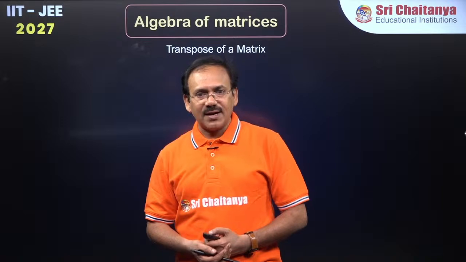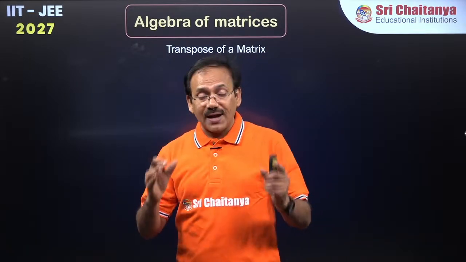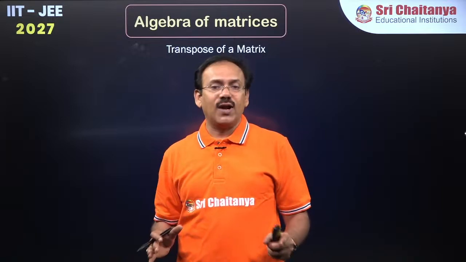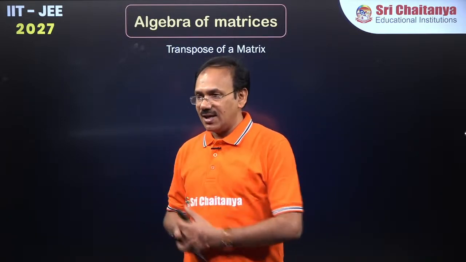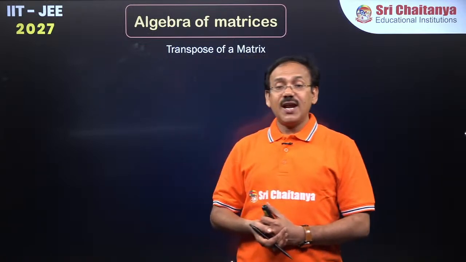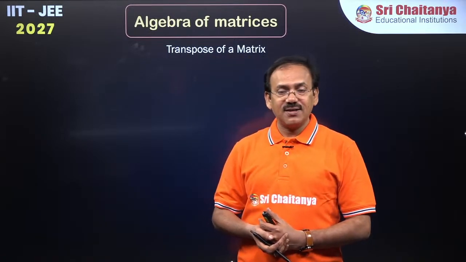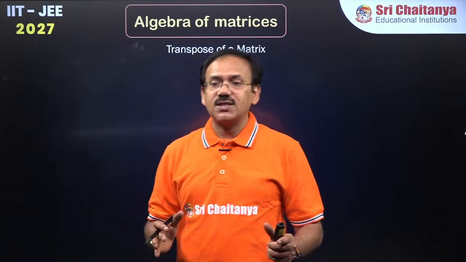After the types of matrices, we discuss equality of matrices. Two matrices are said to be equal if they have the same order and the corresponding elements are equal, right? Trace of a matrix is defined only for a square matrix.